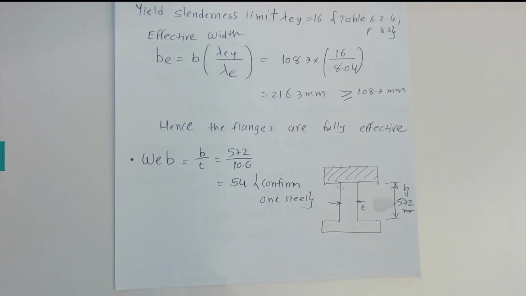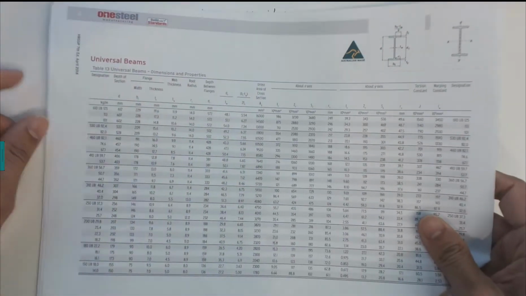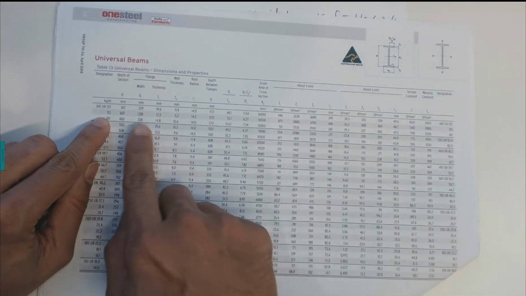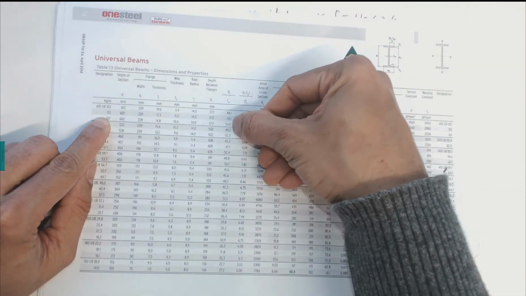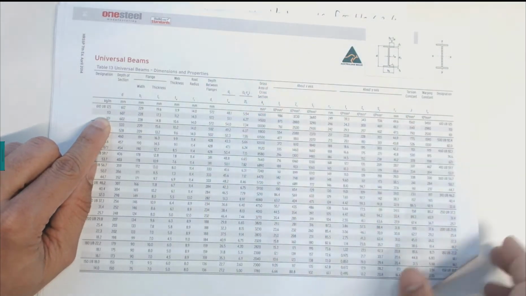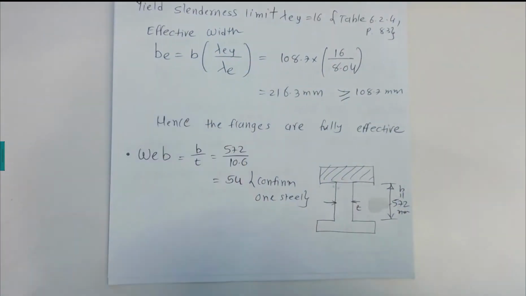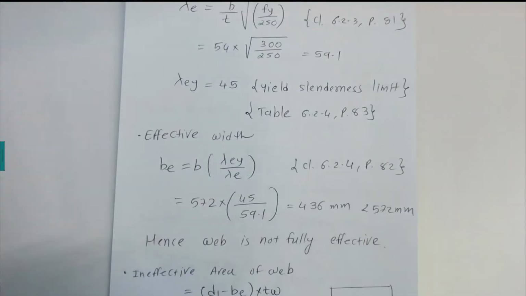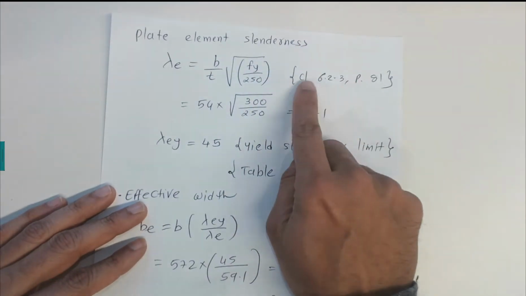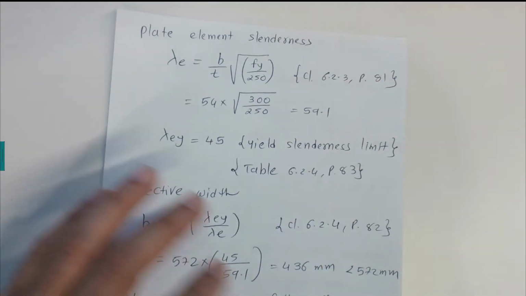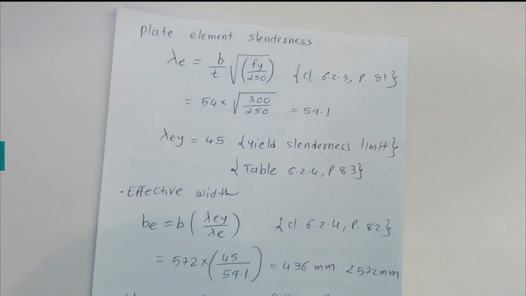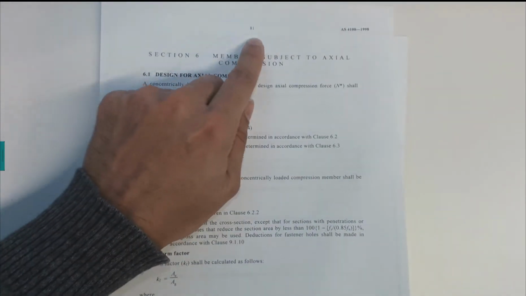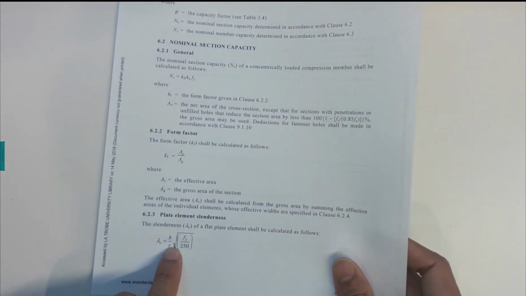We can also compare this against the 610 UB 101, 54 D1 on TW. That is given in the OneSteel table, so we can straight away take this B over T ratio for the web. Now plate element slenderness ratio, clause 6.2.3 on page number 81, and that equation is taken from here.